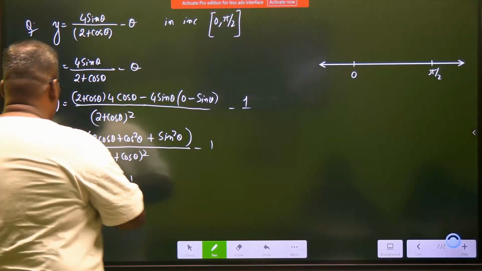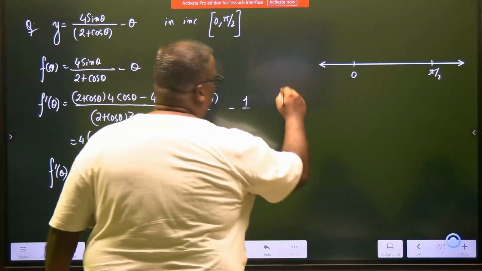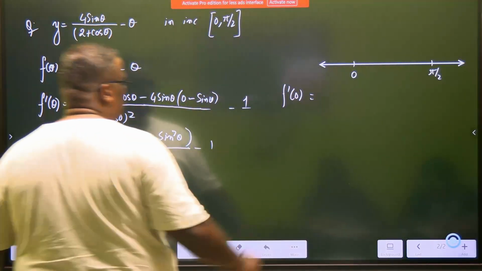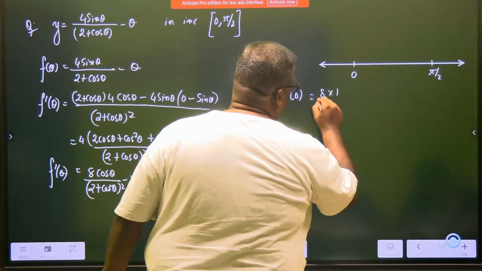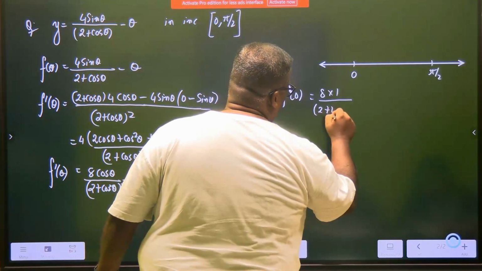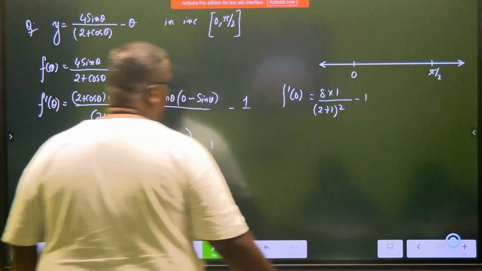Shall we check here? f dash 0. Sin 0 is 0, cos 0 is 1. So it becomes 8 into 1 divided by 2 plus 1 whole square, minus 1. 3 square is 9, minus 1.